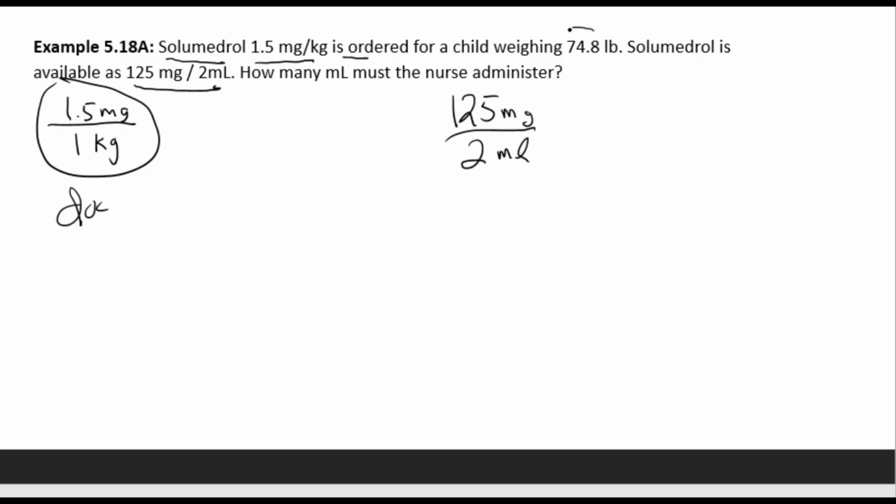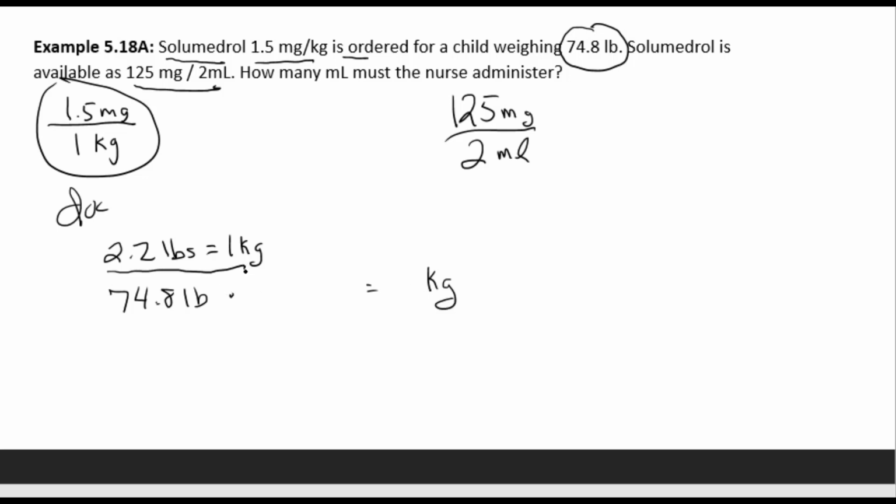Now, the child weighs 74.8 pounds, but that's not going to help us. Again, I would give you this conversion, which is 2.2 pounds equals 1 kilogram. So the first thing we're going to do is change the weight of the child to kilograms using this conversion factor.